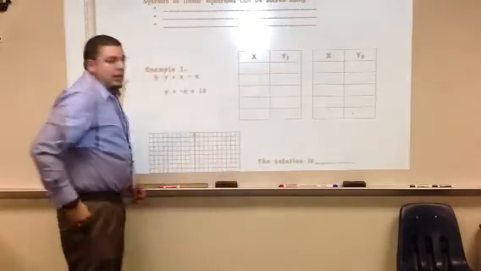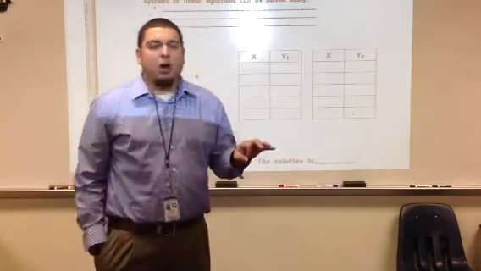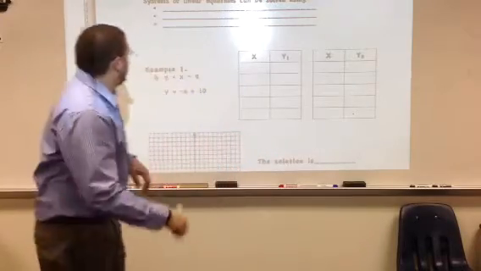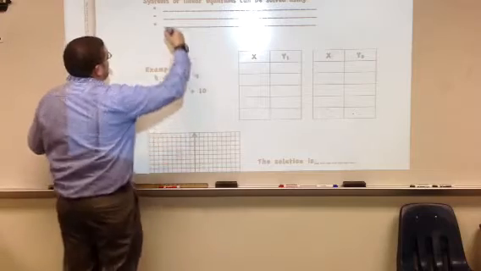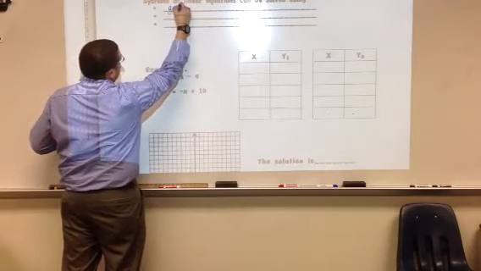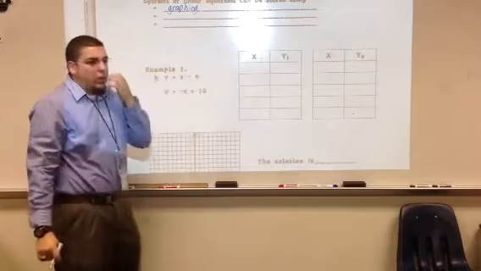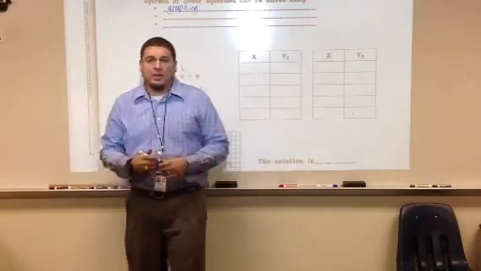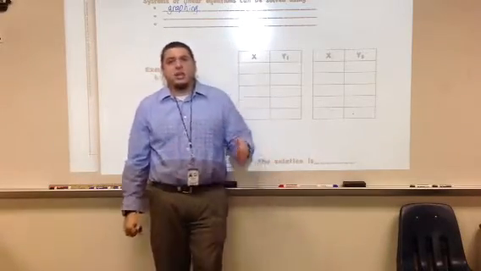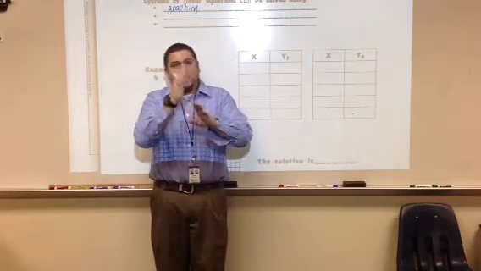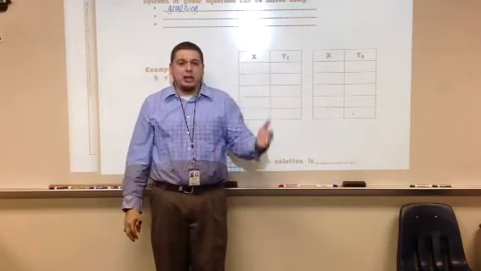Okay, there are 3 ways to solve systems of equations. Systems of linear equations can be solved using graphing. Again, if they had parallel lines, there'd be no solutions. If the lines were on top of each other, essentially the same line, they'd have infinitely many solutions.